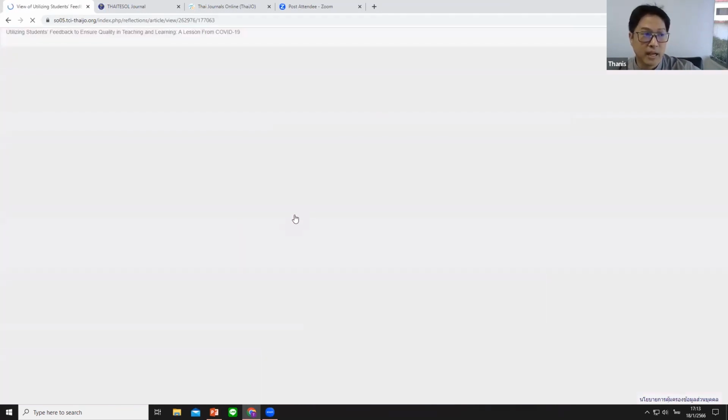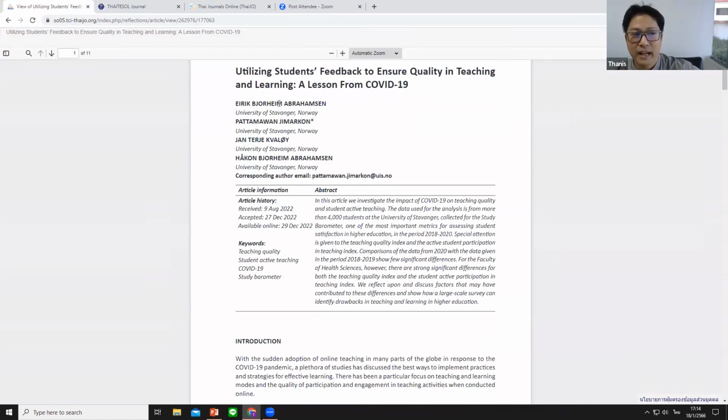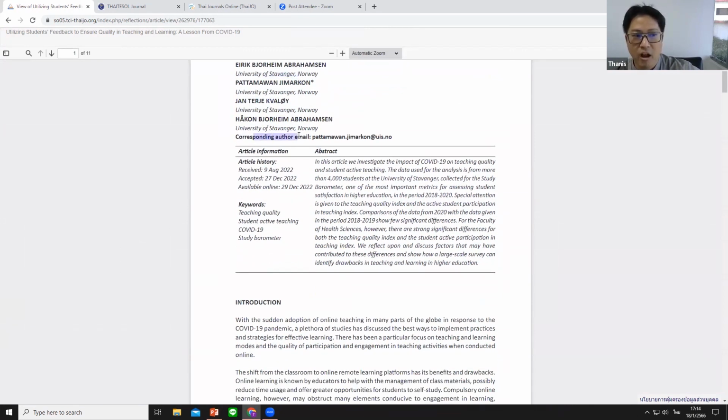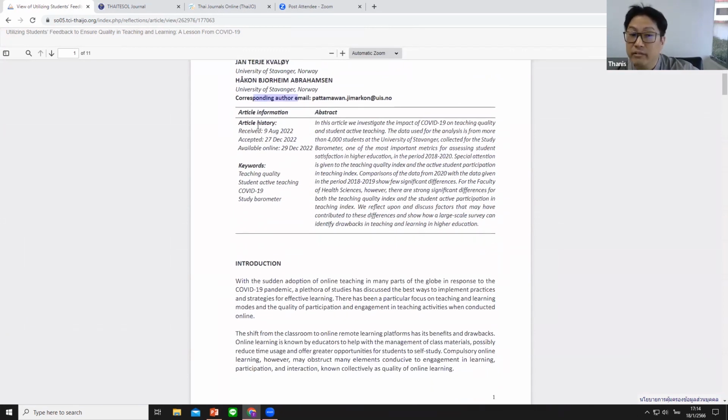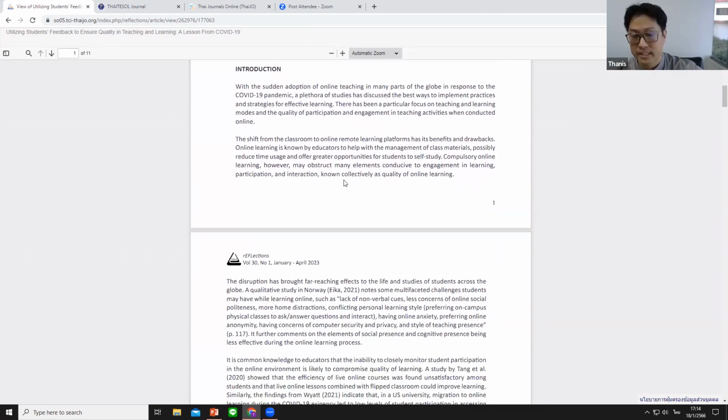For the article itself, you have to have the name, the affiliation, the corresponding author contact, submission, article history: received when, accepted when, available when. The abstract, the keywords, and all these formats. You can design it, it's up to you. You can see different formats of different journals and choose one for your own. Whatever format you choose, just make sure it's consistent.